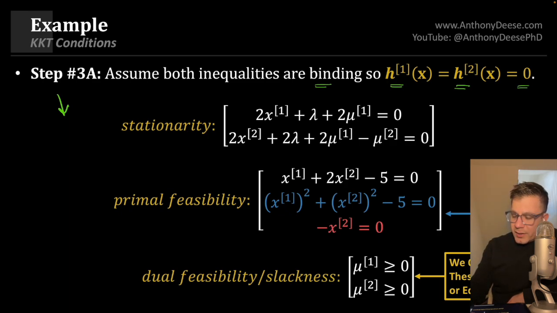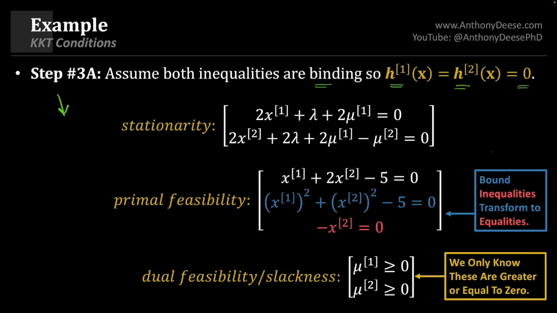We're actually going to start from the middle and then move up and down. The first thing that we did was we know that the bound inequalities will transform to equalities. Originally, these were less than or equal to, all right? But now, because we've assumed that h1 is equal to 0 and h2 is equal to 0, these become equalities.